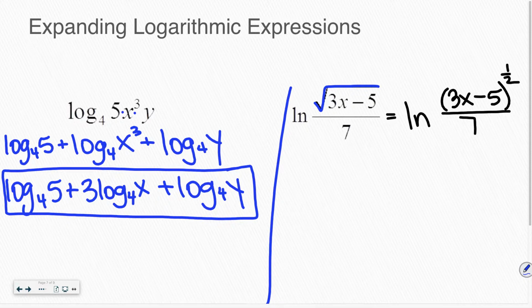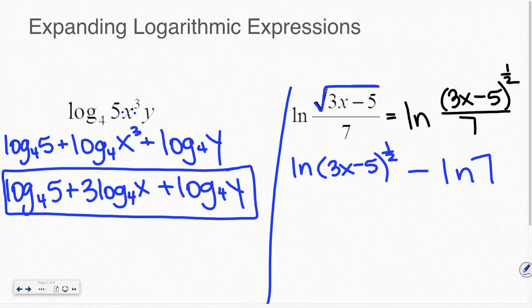So now we can say, okay, there's division. So I can take the natural log of 3x minus 5 to the 1/2 power and subtract the natural log of 7. And this has a 1/2 power, which means that power better get multiplied out in front.